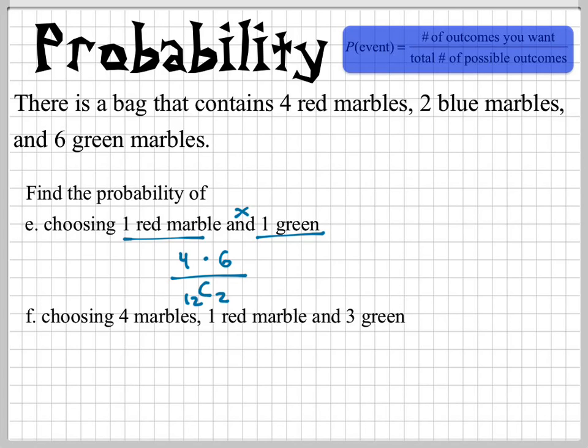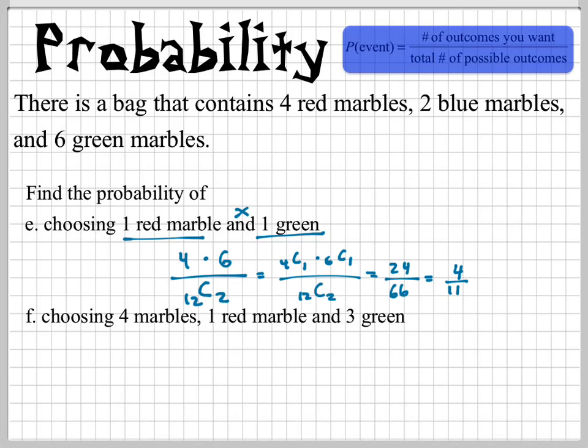And you could say 4 choose 1 times 6 choose 1, but that's just 4 and 6. It just looks kind of neat when they're all choose numbers. So the top you're going to get 24. On the bottom you're going to go 12 choose 2. What do you guys get? Okay, we got 66 for that one. And then once you punch that into your calculator, what does it simplify down to?